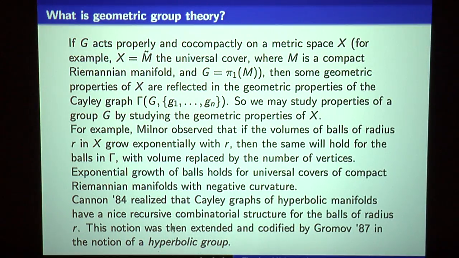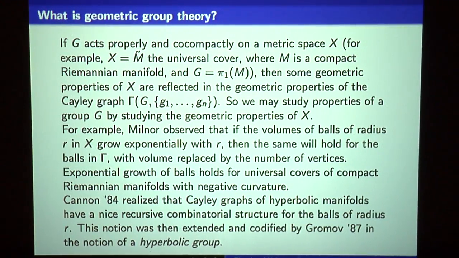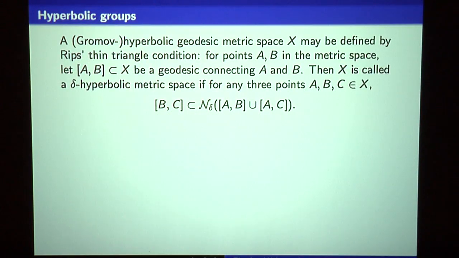And then the things that Cannon was thinking about were extended and codified by Gromov in '87 in the notion of a hyperbolic group. He has a famous preprint called Hyperbolic Groups, and it's got hundreds and hundreds of citations. So that's what I want to describe now.